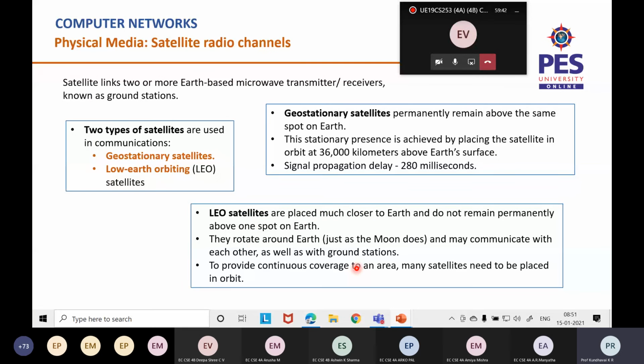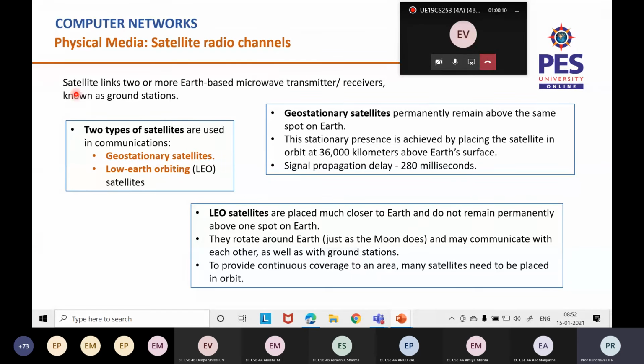Moving on to the last one, the satellite radio channel. Satellite links two or more earth-based microwave transmitters or receivers known as ground stations.